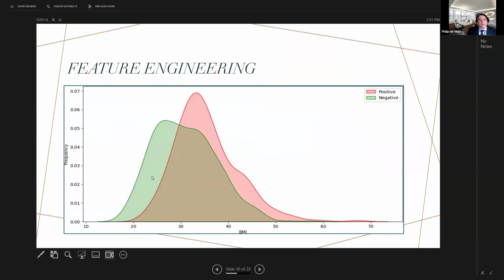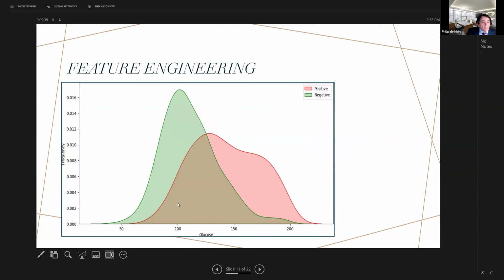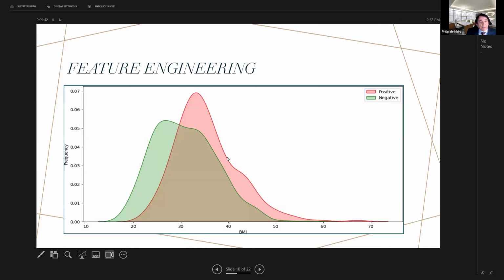And then, of course, we have to see visualization of how features correspond to each other. For example, and this is very easy to plot. This is also part of visualization that I always highly recommend doing. For example, we take, let's say, BMI, and let's say this one we plot red when the person has diabetes, and green when you don't have diabetes. So we can see, for example, that BMI plays quite an important role.